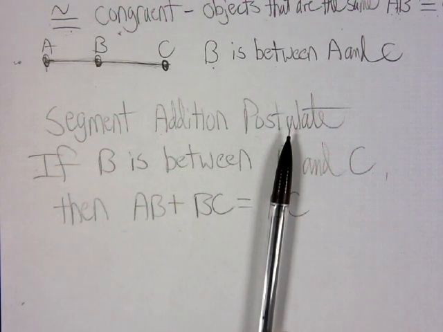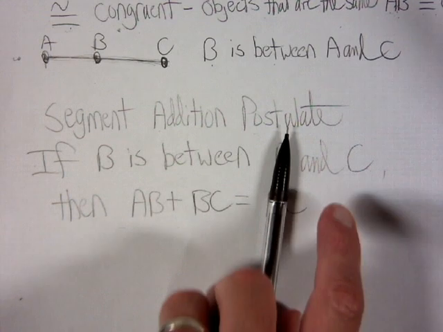All of those are mathematical statements. One theorem that you all know is the Pythagorean theorem. In a right triangle, if c is the hypotenuse, a squared plus b squared equals c squared. That's a mathematical statement. A postulate is also a mathematical statement.